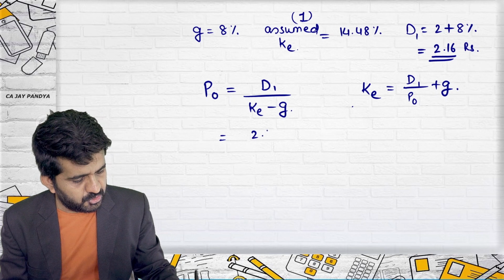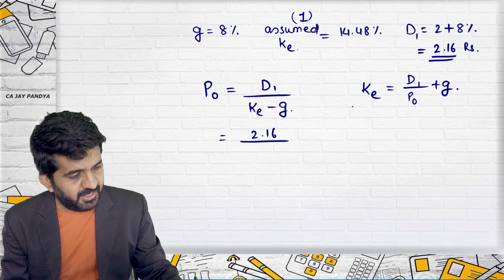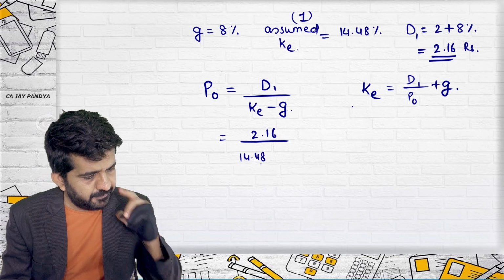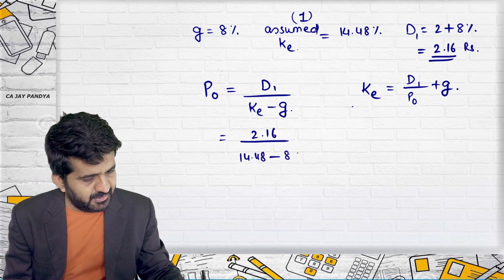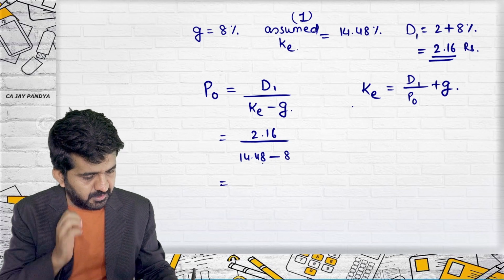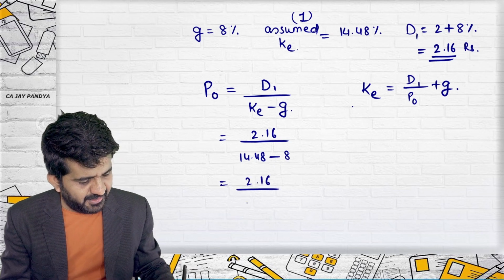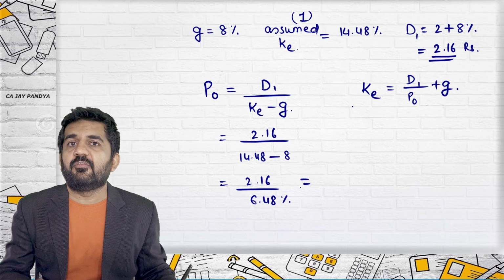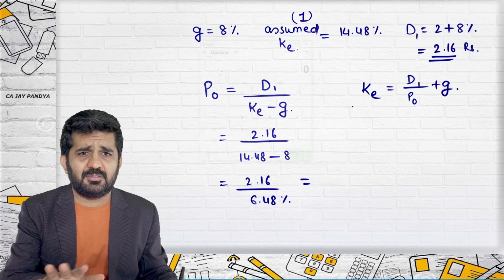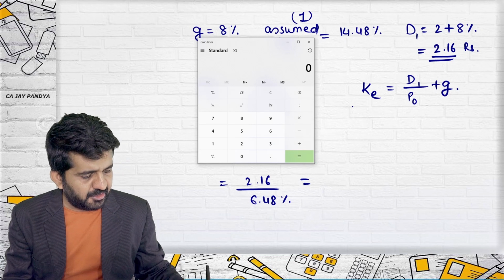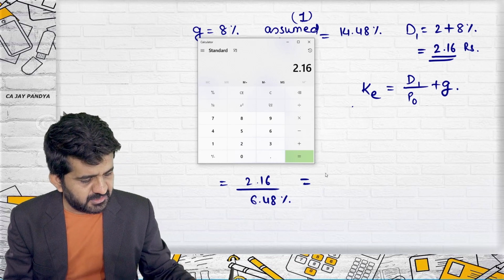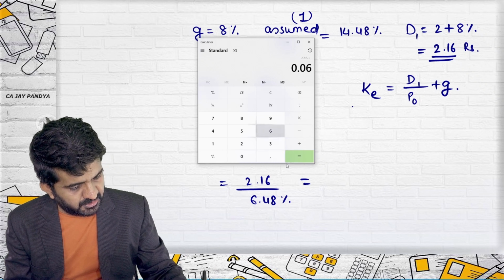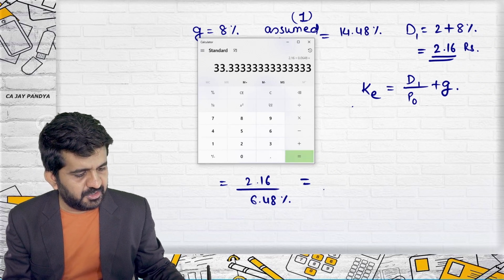It is 2.16 divided by, now these both are percentages, 14.48 minus 8%. This is 2.16 divided by 6.48%. Now in your calculator you can directly do this. In this computer calculator it is not possible, so 2.16 divided by 0.0648. I need to do it in this manner only.